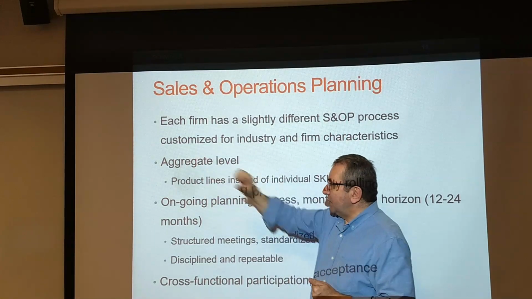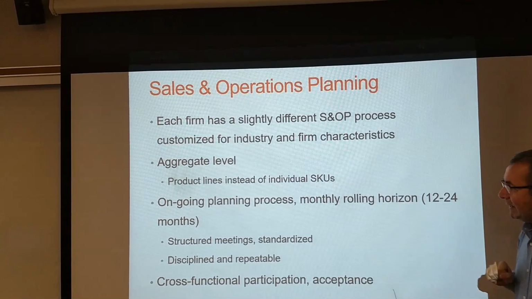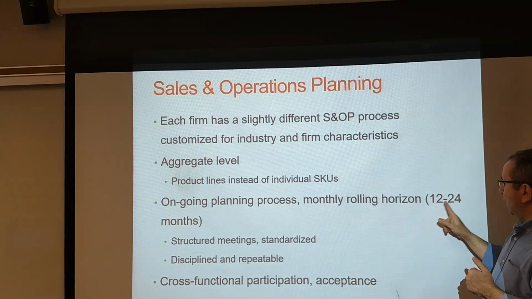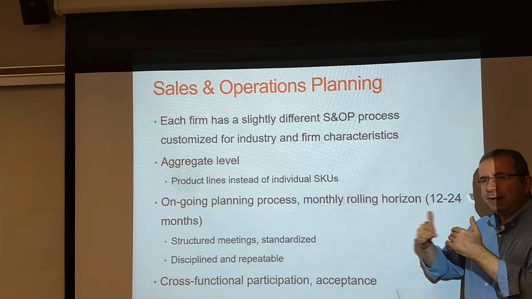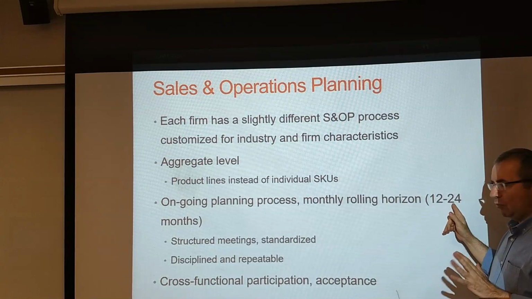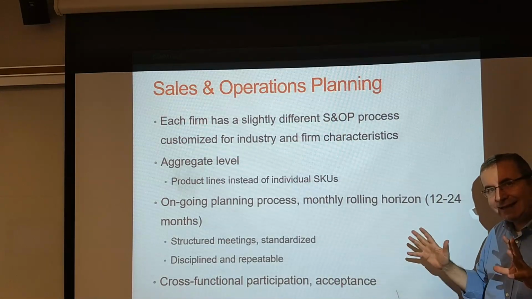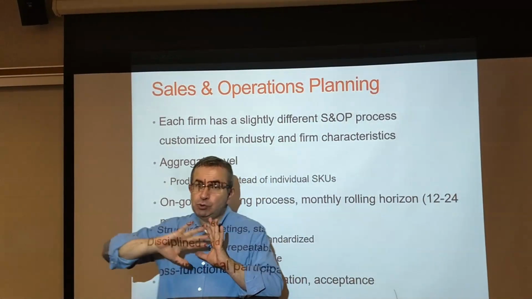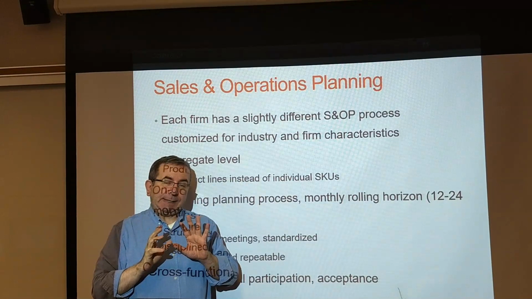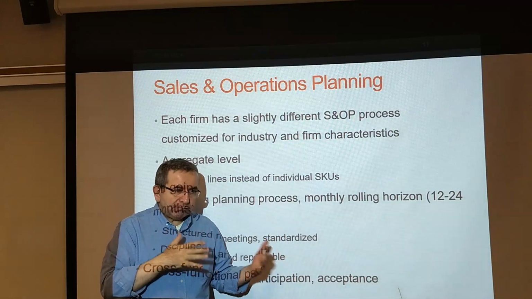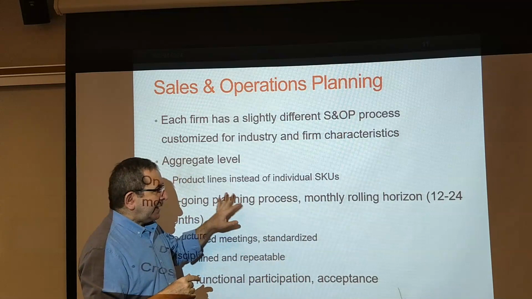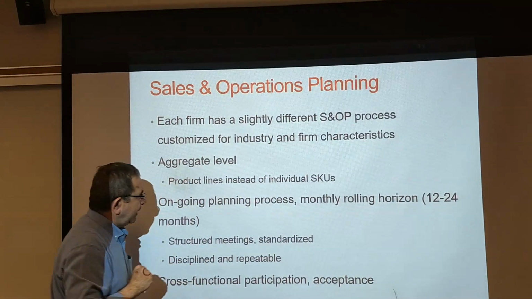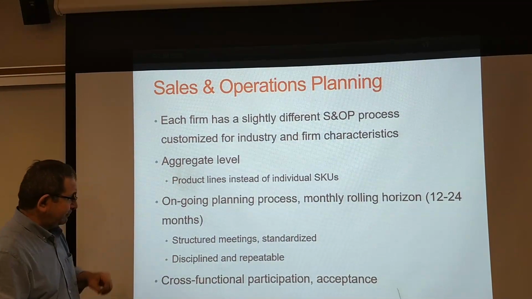So we're talking about aggregate demand, and every month you look into the next 12 to 24 months, a year and a half, but not more than 2 years, because this is tactical level planning. Strategic level is 2 or more years. Operation planning is daily, weekly, and tactical planning is multiple months or multiple quarters, okay? And that changes from company to company.